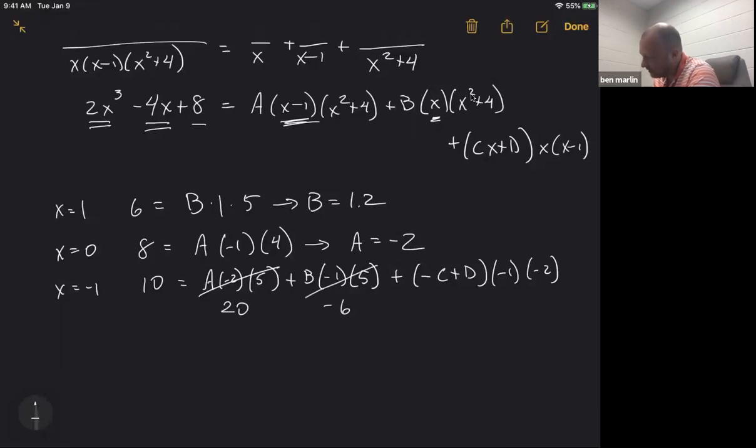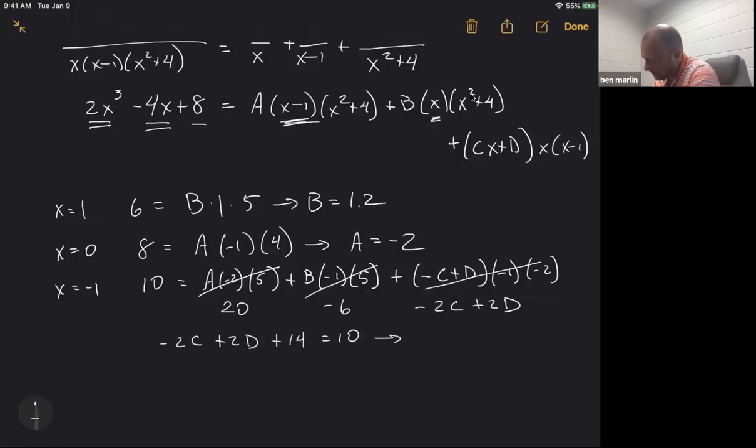And then we'll simplify this stuff here by multiplying out and have minus 2c and plus 2d. So minus 2c plus 2d plus 14 equals 10.